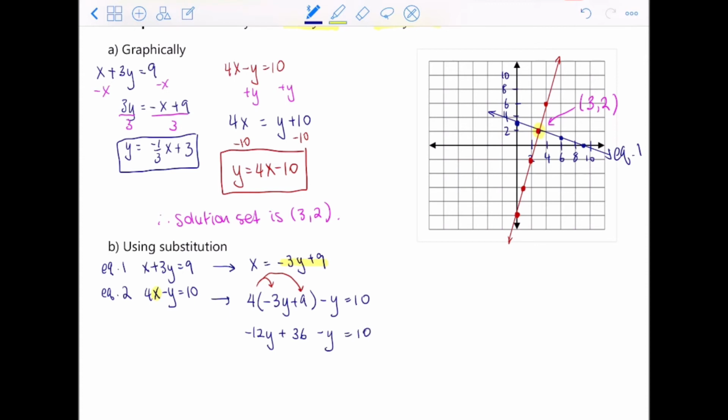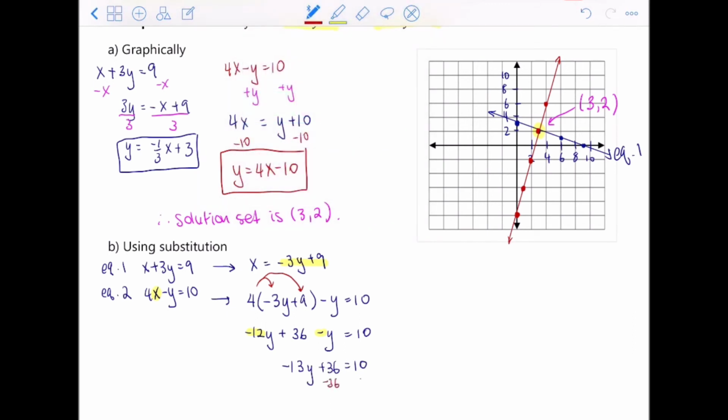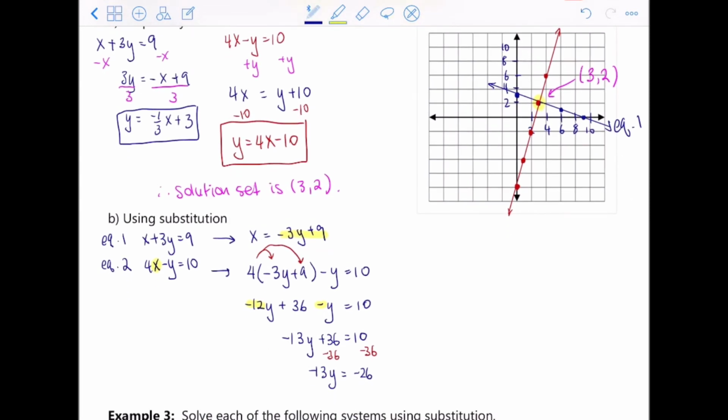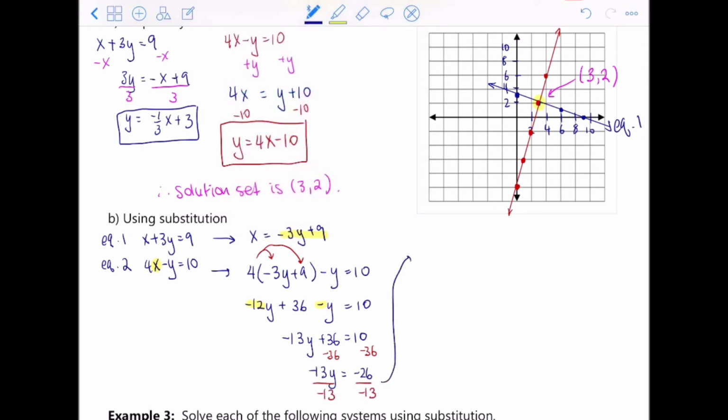You collect the like terms together, which is negative 12 and negative 1, so it's negative 13y plus 36 equals 10. Remove 36 from both sides, so we are left with negative 13y equals negative 26. And then lastly, we're going to divide by negative 13. So we're left with y equals 2.